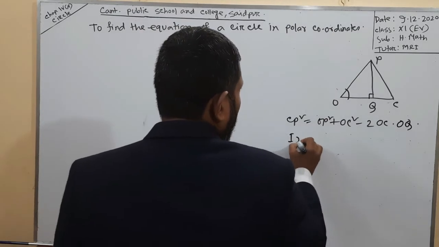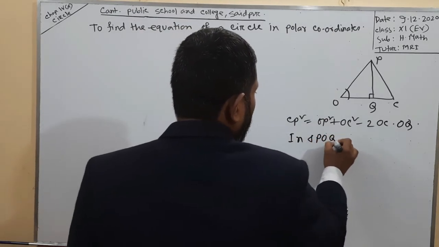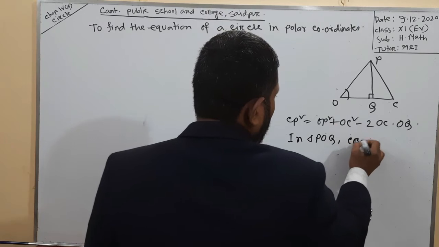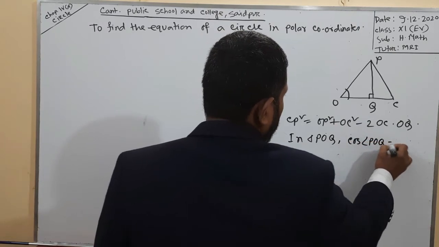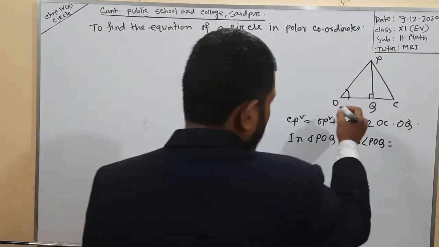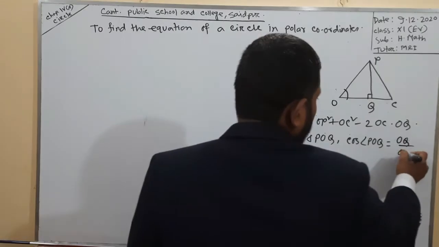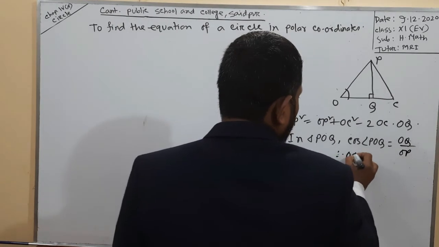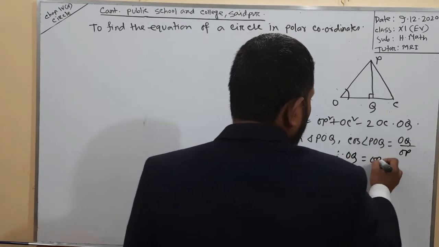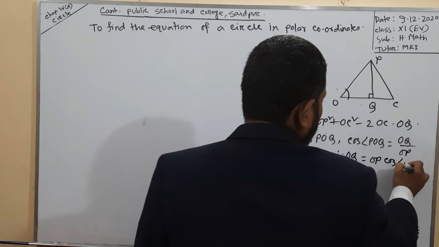In triangle POQ we know cos POQ is equal to base by hypotenuse, here base OQ and hypotenuse OP. That is, OQ is equal to OP cos POQ.